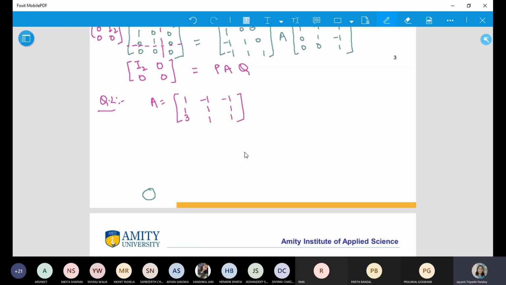Find non-singular matrices P and Q such that PAQ is in normal form. Now, please solve.